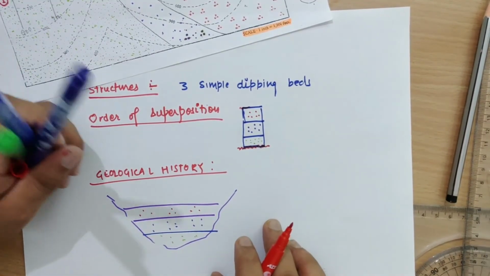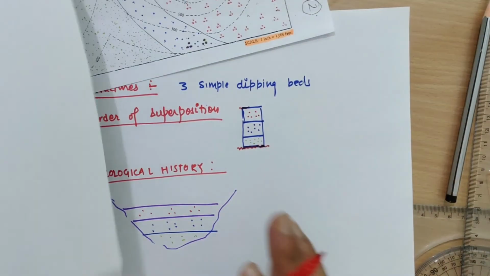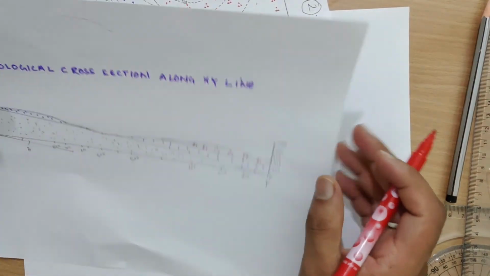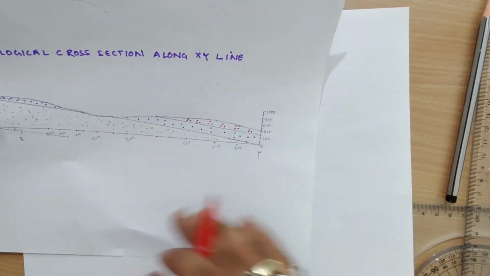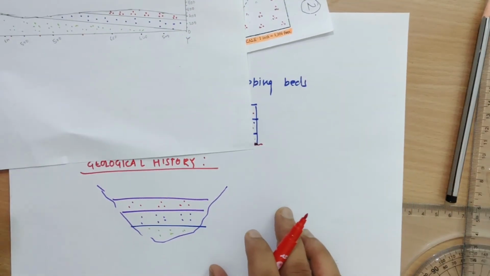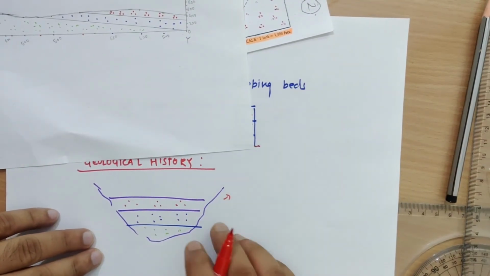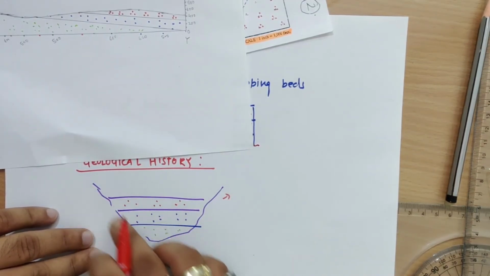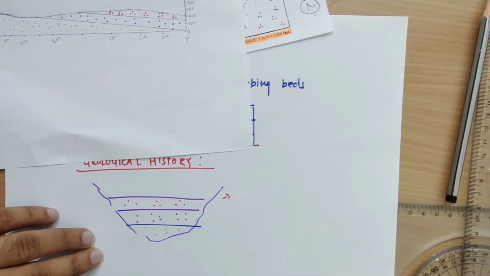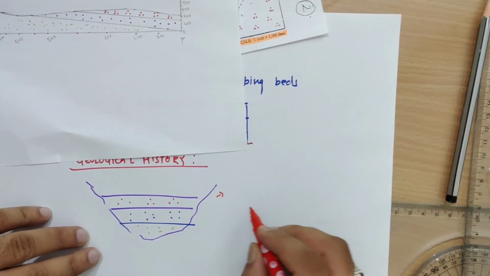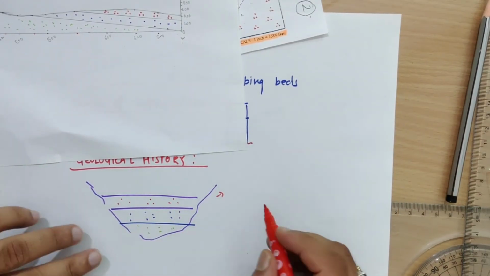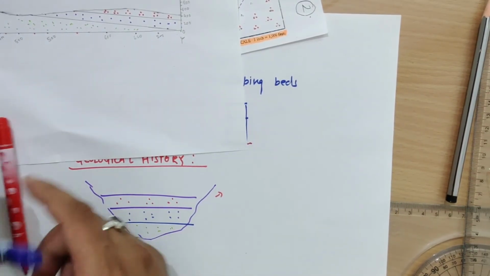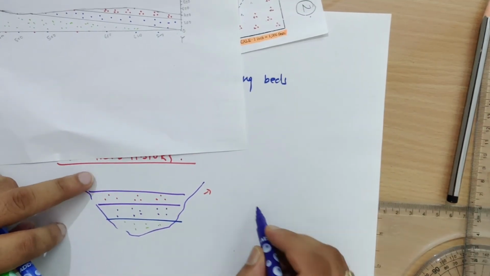But we are seeing in this particular cross section that they are occurring not as horizontal beds, rather as dipping beds. So it means this area must have been uplifted, because now it is exposed, and this deposition occurred in submerged conditions.